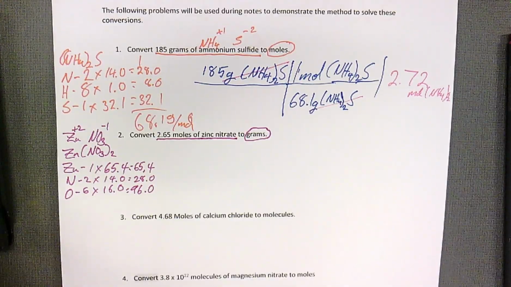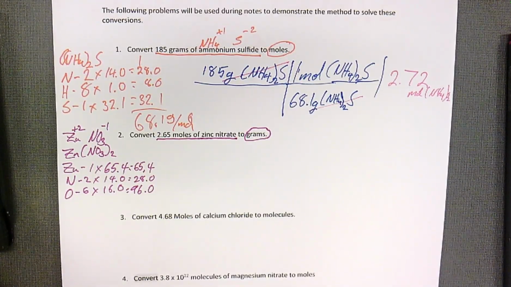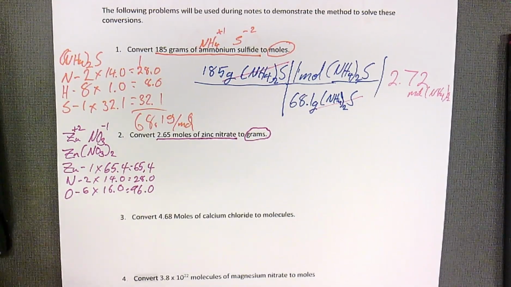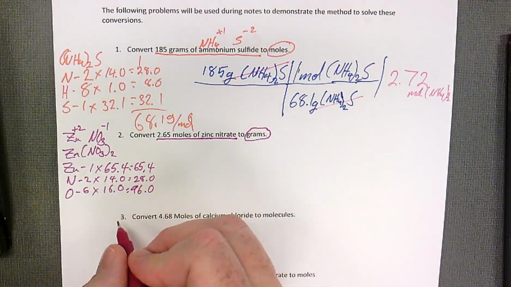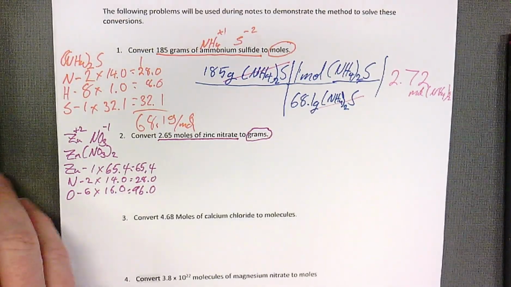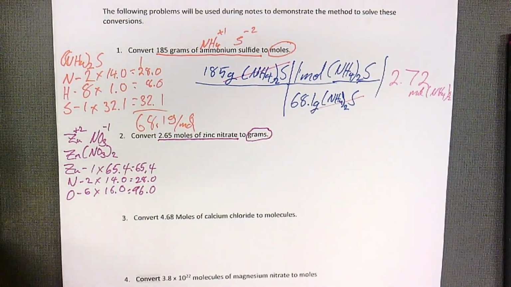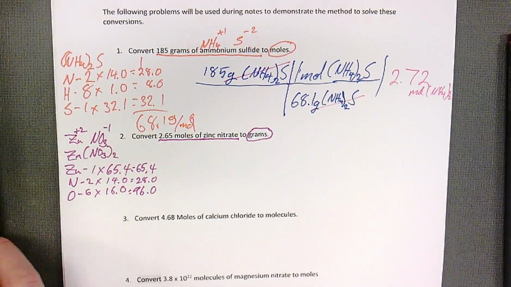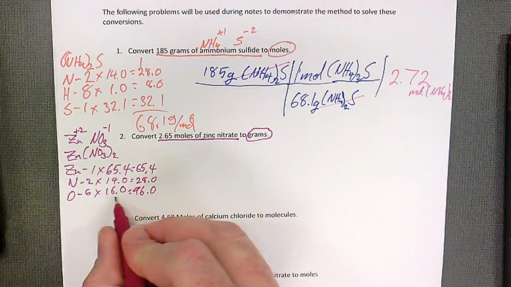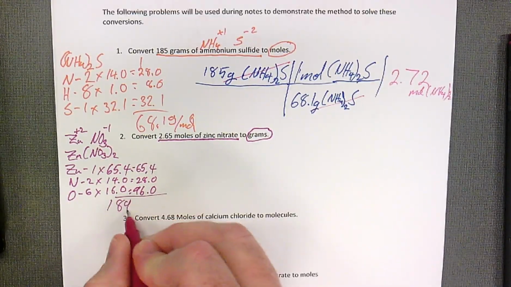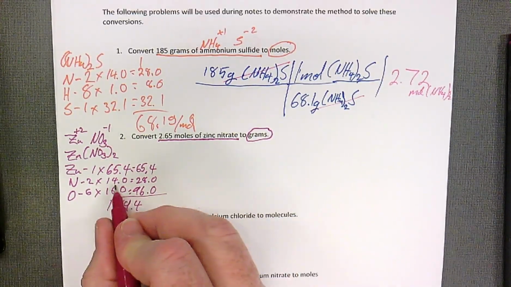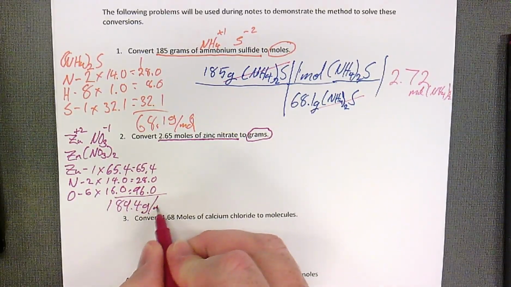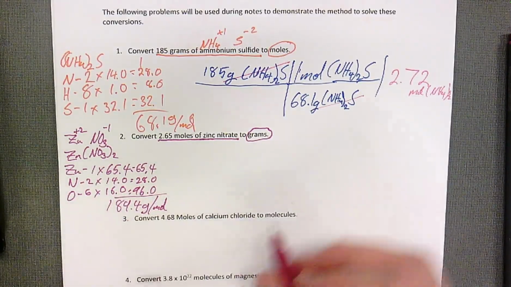I'm going to do it fast on my calculator. 65.4 plus 28 plus 96 equals 189.4. So you guys got? This is a 14. Yep. All right, and that's grams per mole for zinc nitrate.